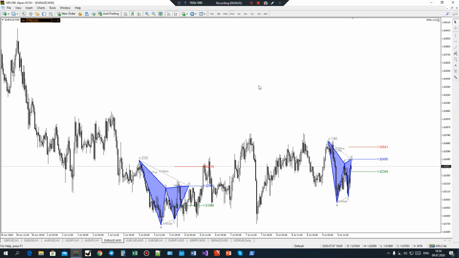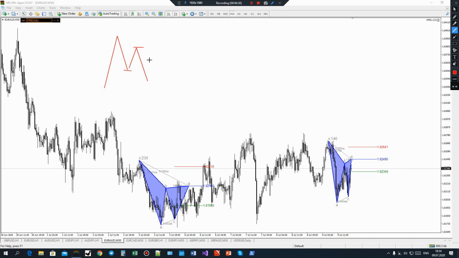Now let us talk about the pattern variations inside of this structural category. There are patterns called Gartley patterns, and they were calculated, and they are believed to be 618 of the XA at this point and 618 of the A to B at this point.